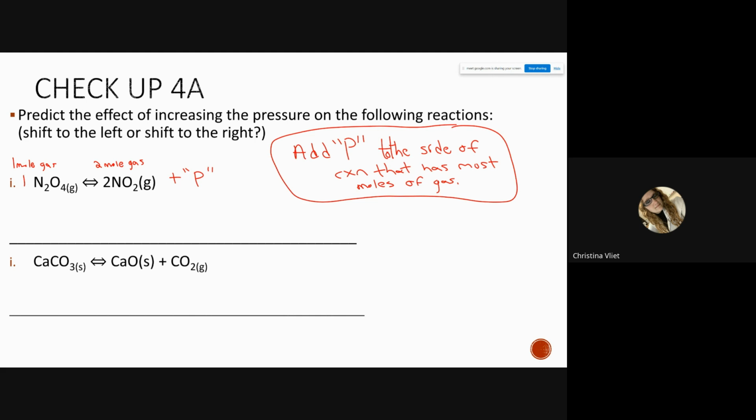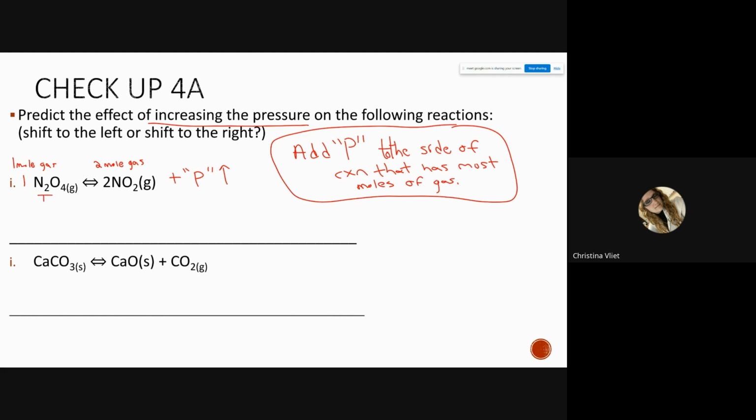All right, ready? So, knowing that I'm increasing the pressure in this first reaction, which direction does equilibrium shift? Left. Correct. Because there's more pressure on the right side, so I'm increasing stress on the right side. When I increase pressure, I increase stress on the side that has the most pressure, at a greater rate.